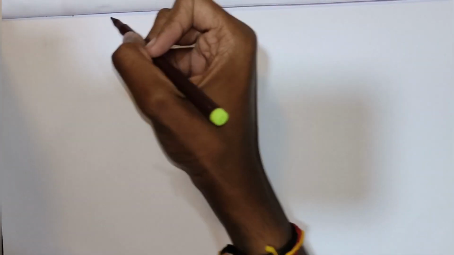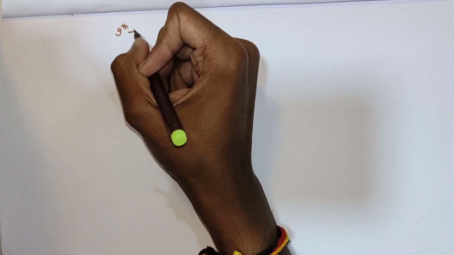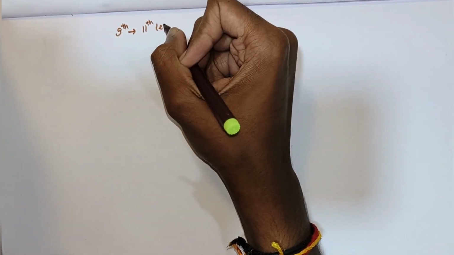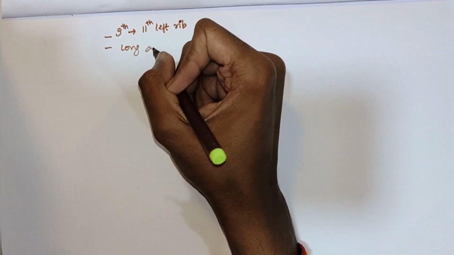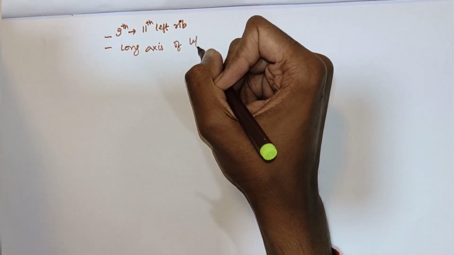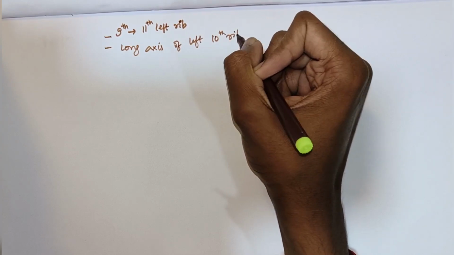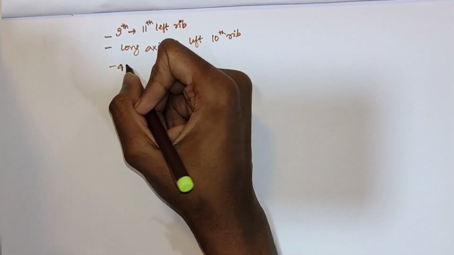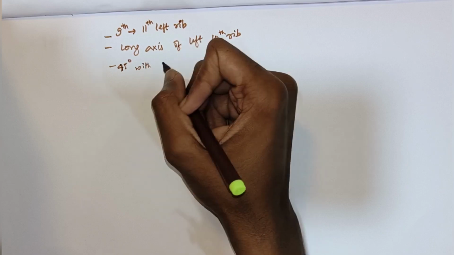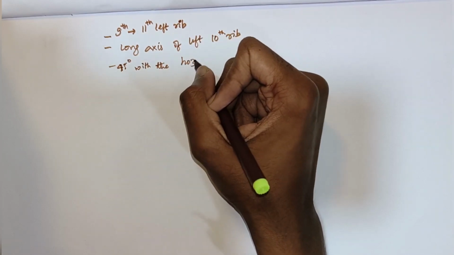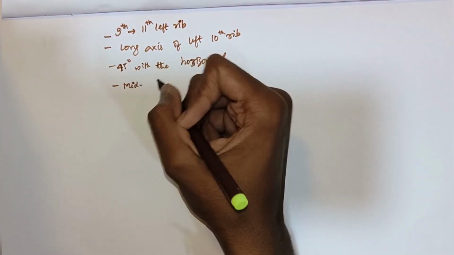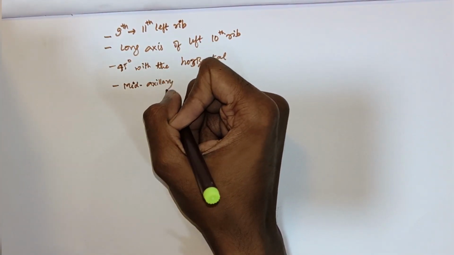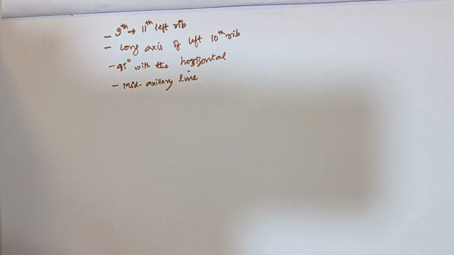Now, with respect to the ribs, where does the spleen lie? The spleen lies between the 9th and the 11th left rib, along the long axis of the left 10th rib, making an angle of 45 degrees with the horizontal, and it extends up to the mid axillary line.